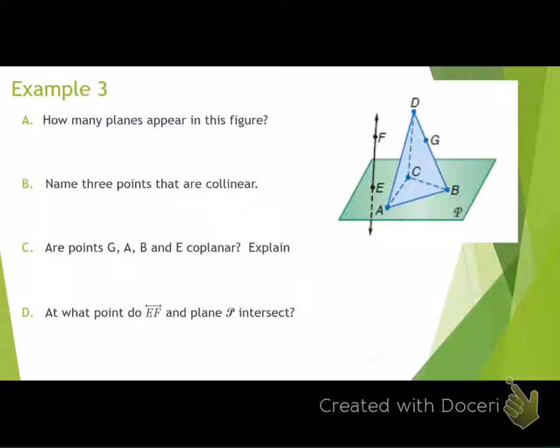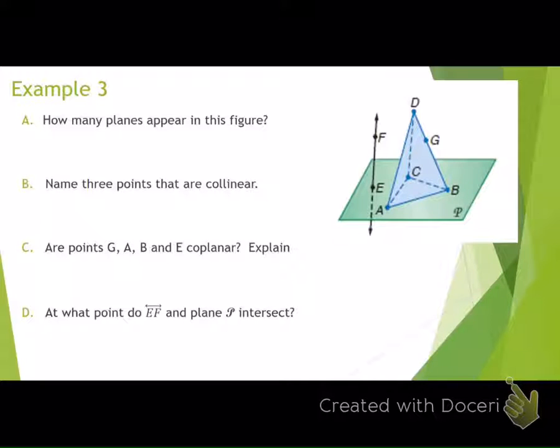All right. So how many planes appear in this beautiful figure here? How many planes do you guys see? Four. Who said 4? Tucker, tell me what you're seeing. Come on up here and just point to it for me, because otherwise it's going to be really hard to explain.